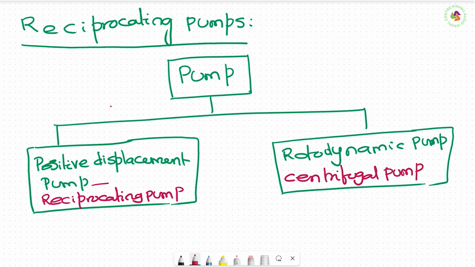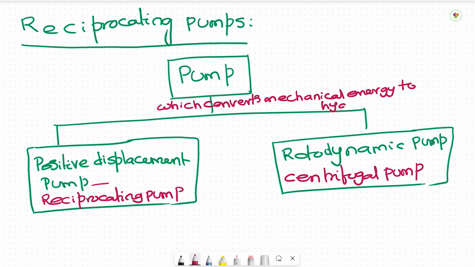What is a pump actually? It is a device which converts mechanical energy to hydraulic energy. And hydraulic energy is equal to gamma QH: specific weight, discharge, head.